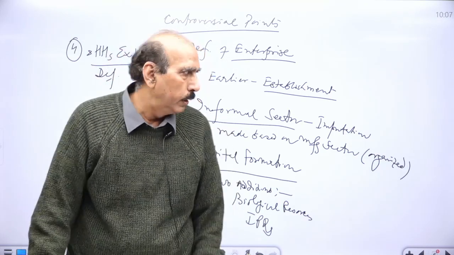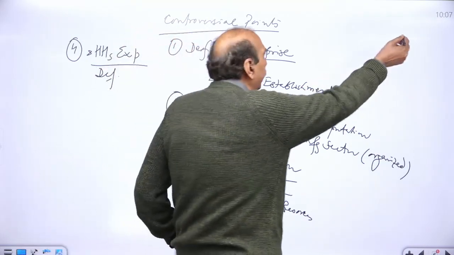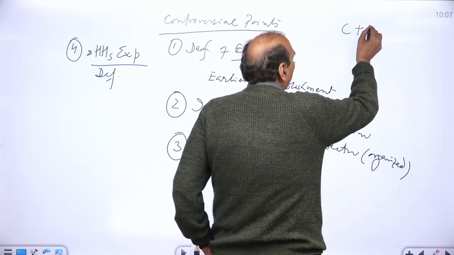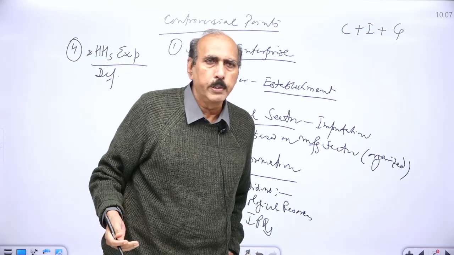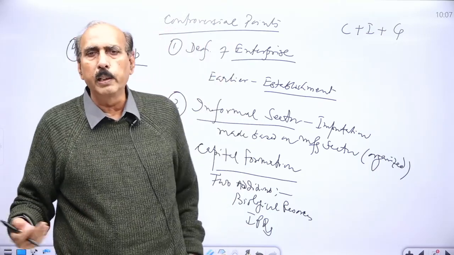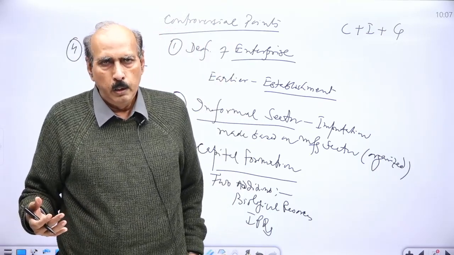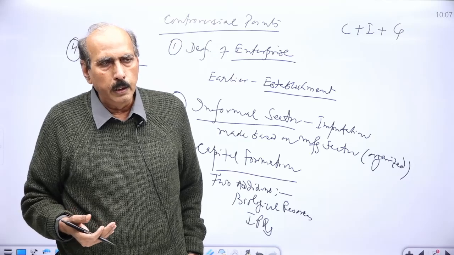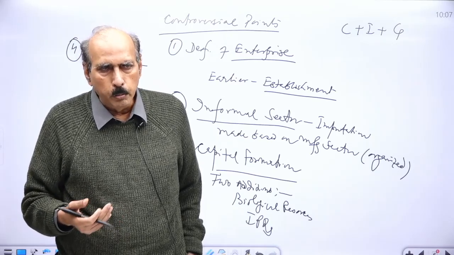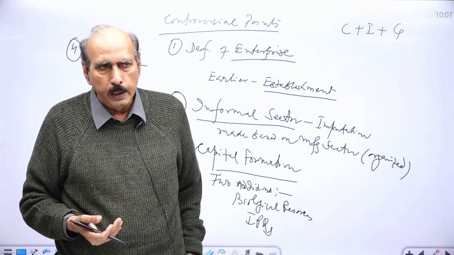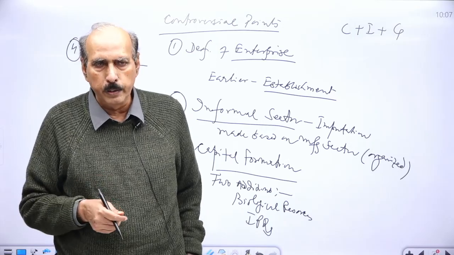You see, आपको याद हो हम डिफाइन किया था जीडीपी C plus I plus G, right? Consumption expenditure, investment expenditure and government expenditure. Earlier, the expenditure done by the household on the accumulation of jewelry is considered their consumption expenditure.